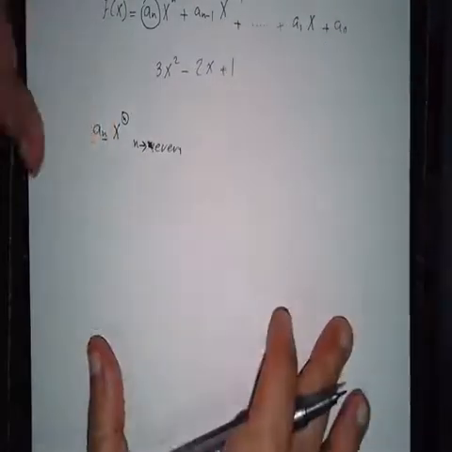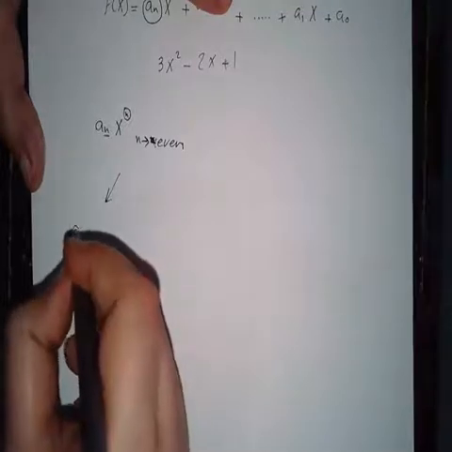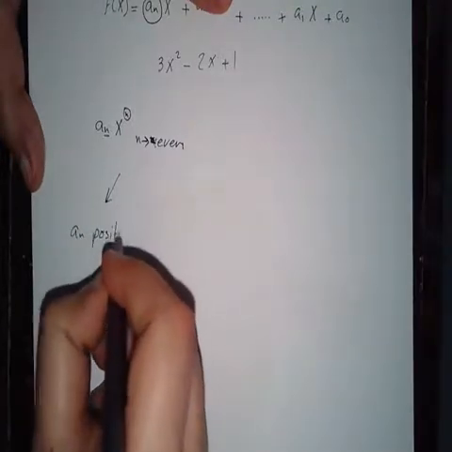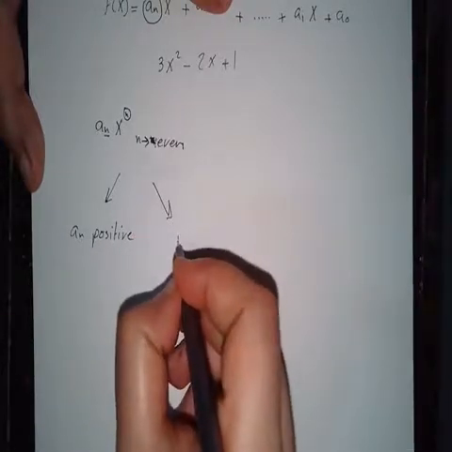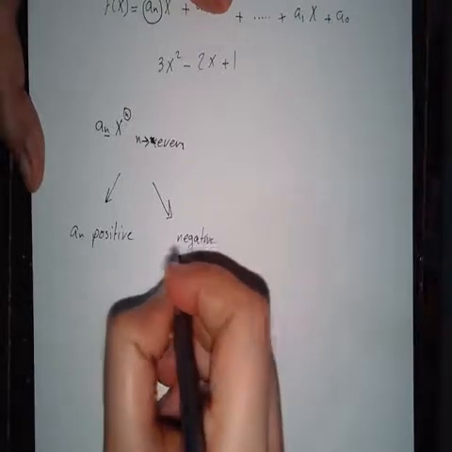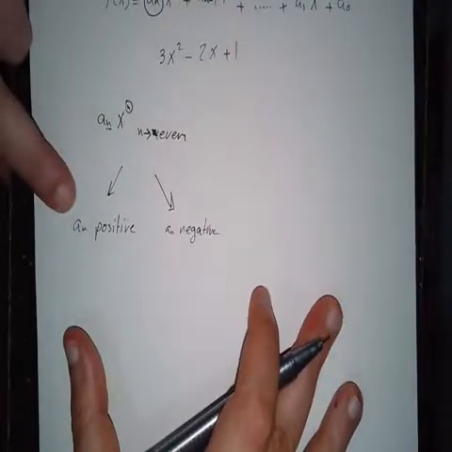So if that is the case, you have two case scenarios. The first is when a_n itself is positive, and the other one is where a_n is negative. Right? So if it's positive, what happens?